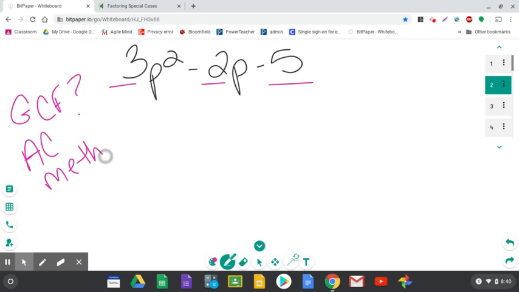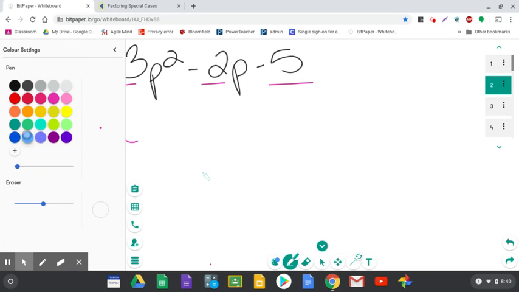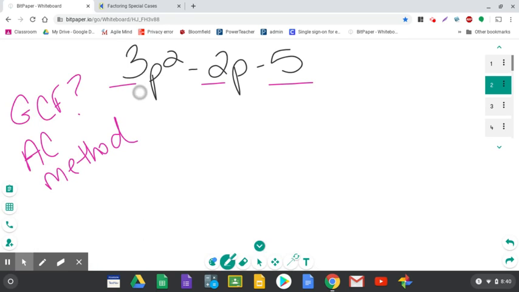Whenever you have a trinomial, tri means 3, so there's 3 pieces. So you always have an A, B, and C. Okay, so A is 3, and C, the minus belongs with the 5, so that makes that a negative 5.